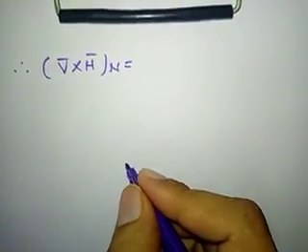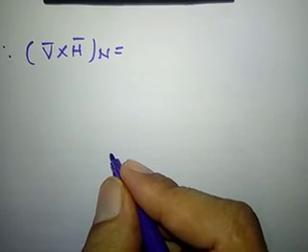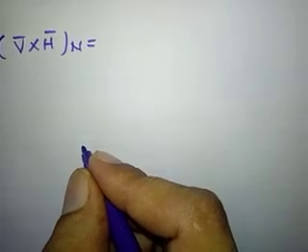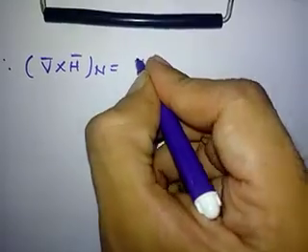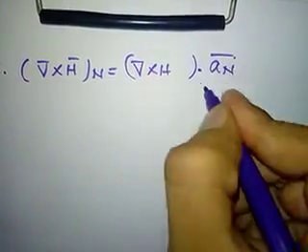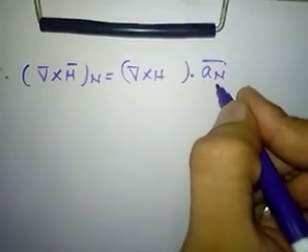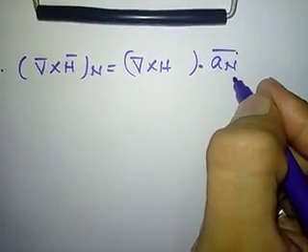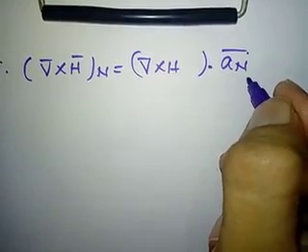If the magnetic flux lines are in the anti-clockwise direction, then the current direction will be perpendicular, as we have seen according to the right hand thumb rule. So del cross h n, I can write as del cross h dot a n bar, that is the direction of the flow of the current, where a n bar is the unit vector normal to the surface delta s according to the right hand thumb rule.